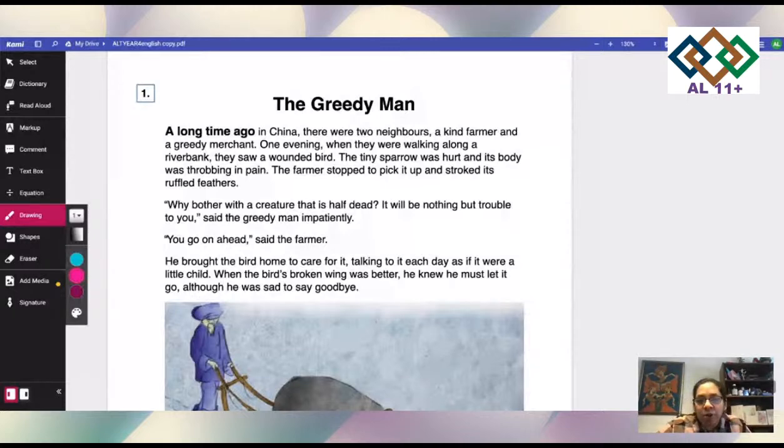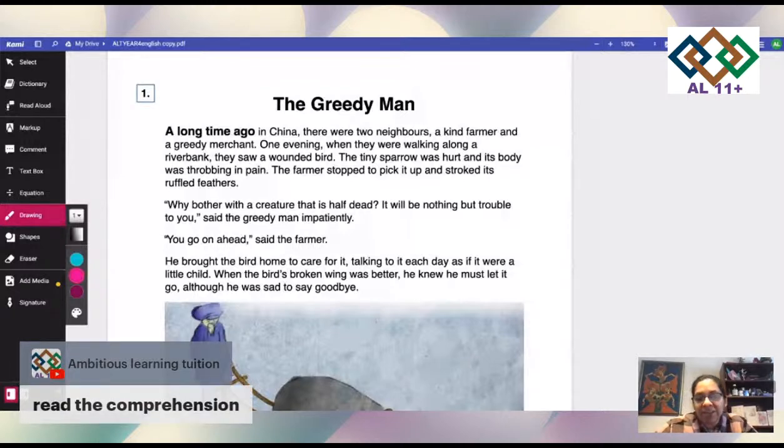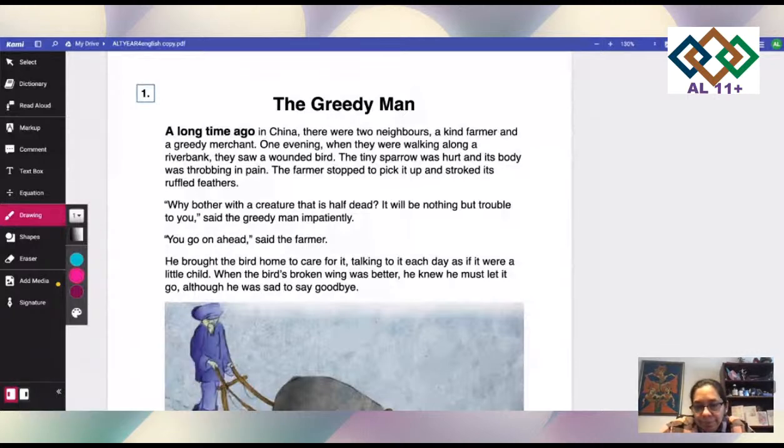Have you guys read the comprehension? Have you read the comprehension, all of you? If you want, we can put a little music for you guys to read the comprehension, then we can start answering the questions.